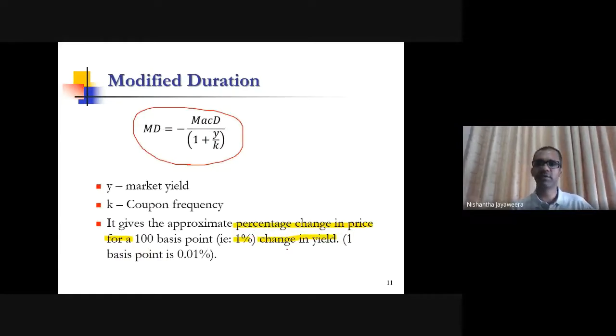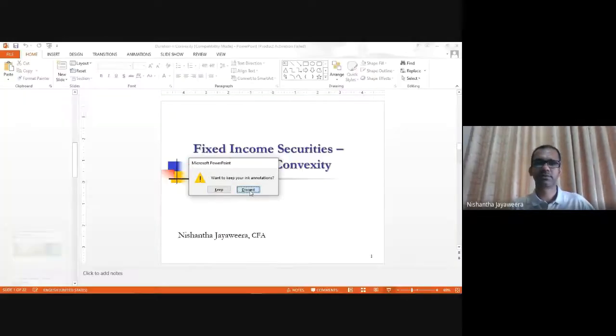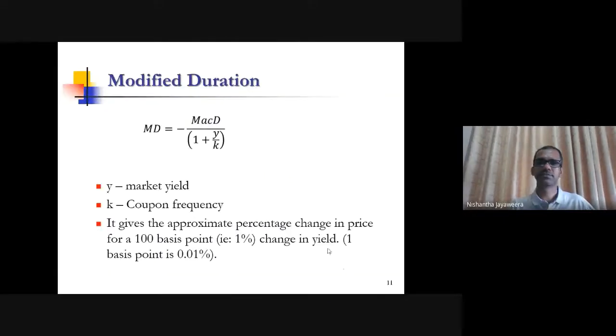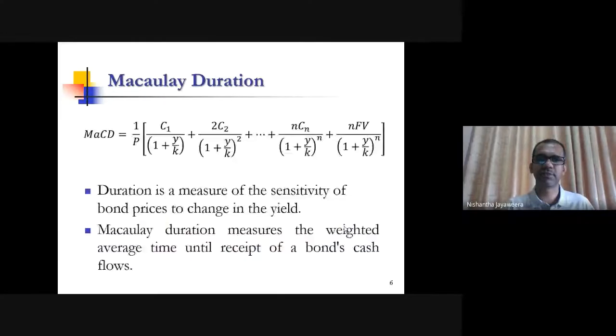Again, if the modified duration is high, sensitivity is high. Percentage change in the price would be high. Any questions before we move into how to calculate modified duration? So basically, you have to remember this equation to calculate the Macaulay duration.